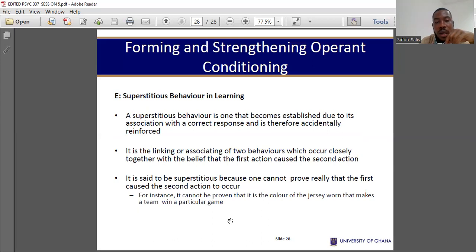Superstitious behavior in learning. Superstitious behavior in learning is usually when, for example, you wore a certain uniform to class or to write exams and you performed so well.